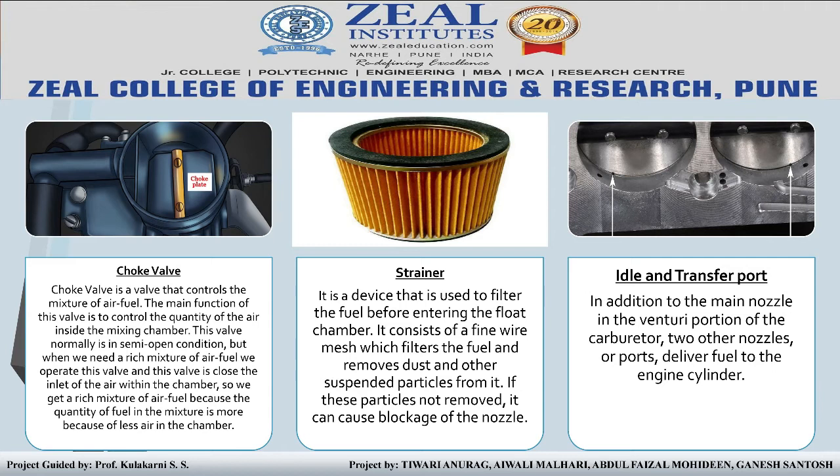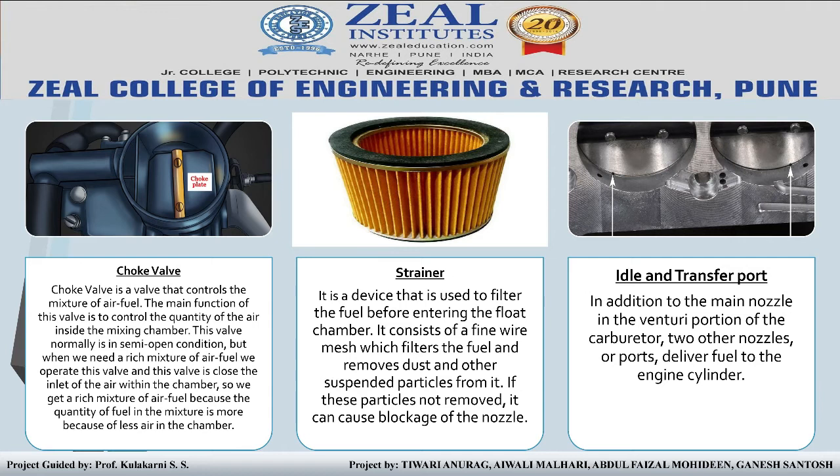This valve is normally in a semi-open condition, but when we need a rich mixture of air-fuel, we operate this valve and it closes the inlet of air to the chamber. So we get a rich air-fuel mixture because the quantity of fuel in the mixture is more due to less air in the chamber.